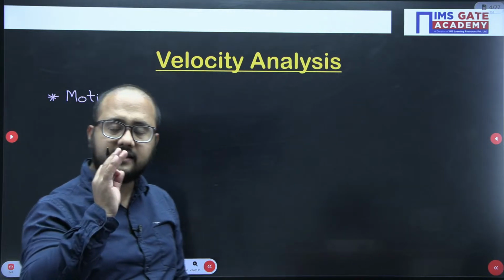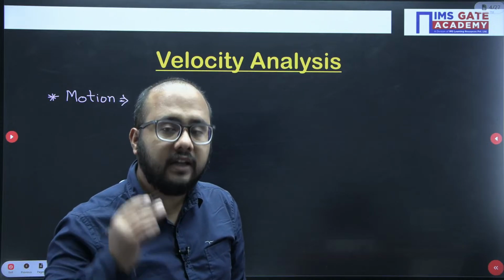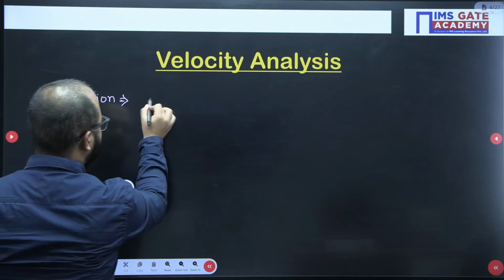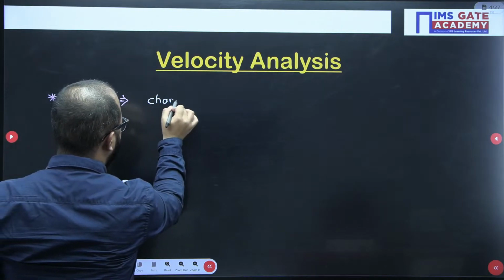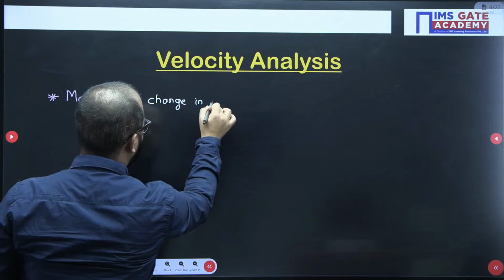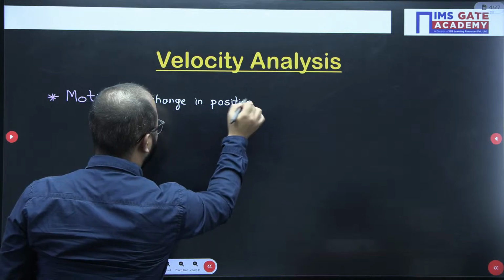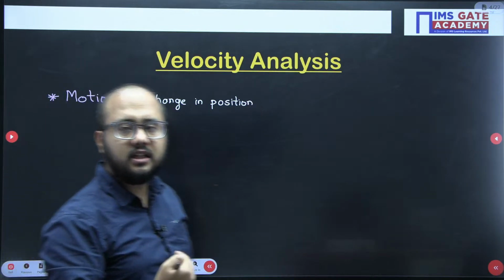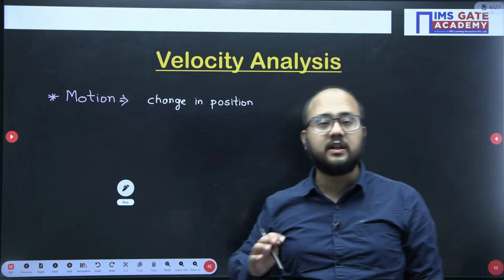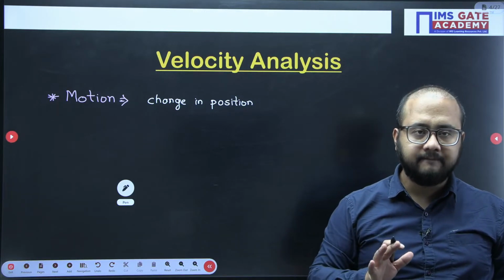Always remember, whenever we want to analyze the motion, we need to look at the change in position. Whenever position is changing, motion is there. Simple logic, right?